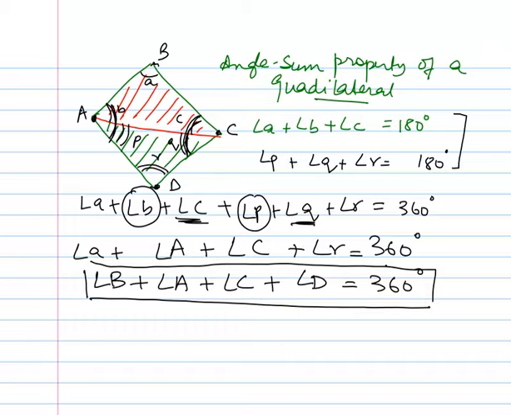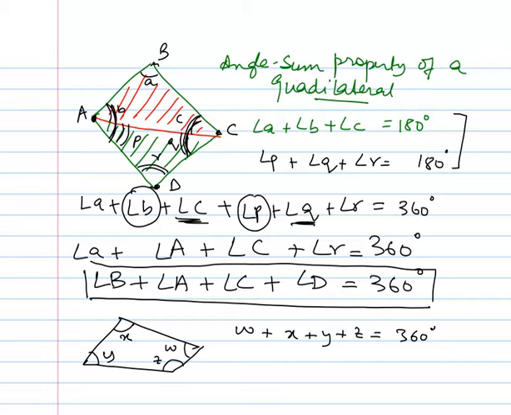So this is the angle sum property of a quadrilateral. If we are given any quadrilateral with angles w, x, y, z, then we can easily say that w plus x plus y plus z is equal to 360 degrees, right?